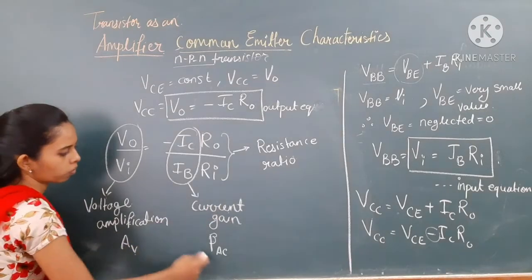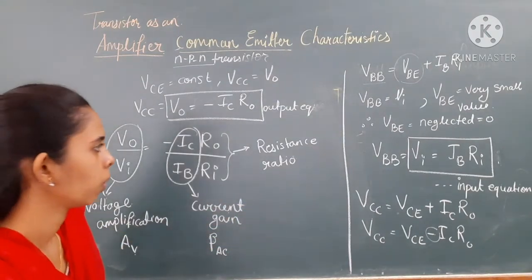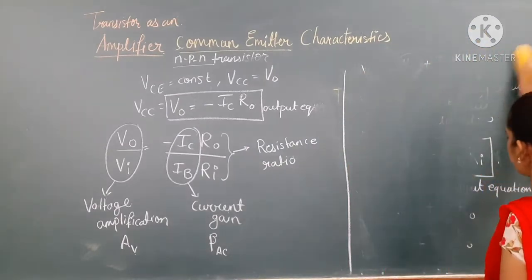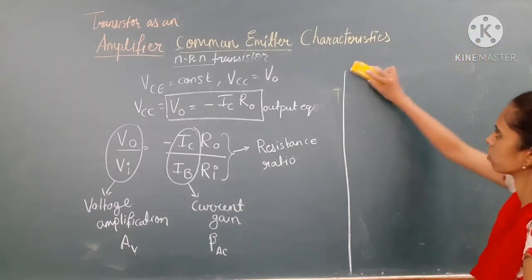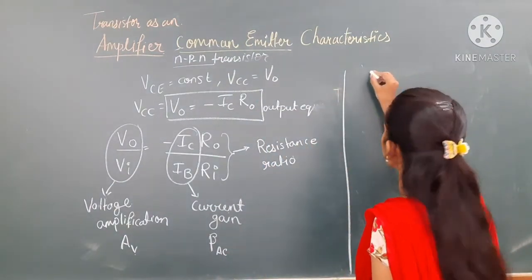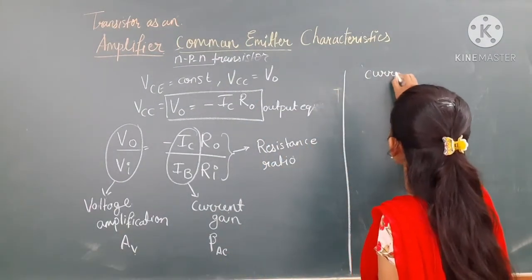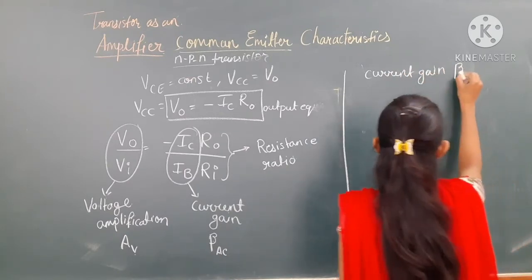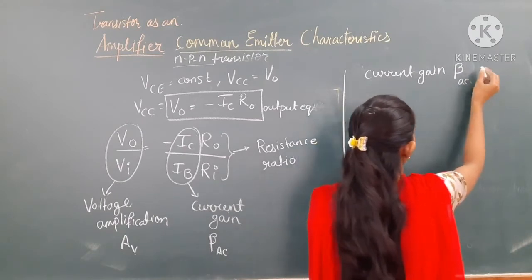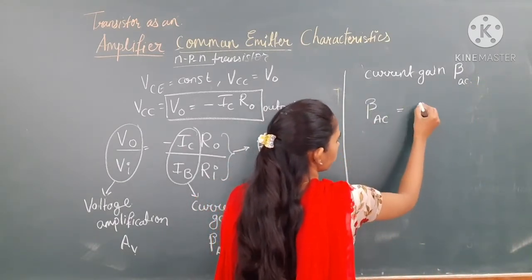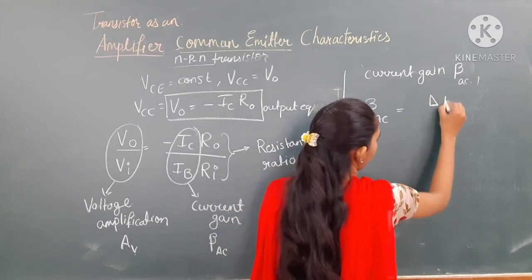Now let us find out the current gain. What is current gain? Current gain, that is beta AC. So beta AC is equal to delta IC.